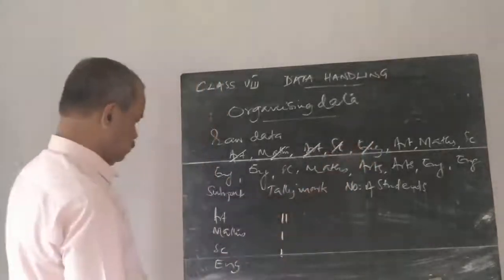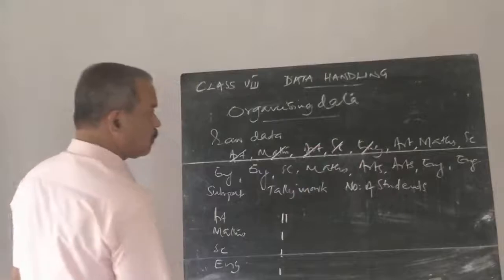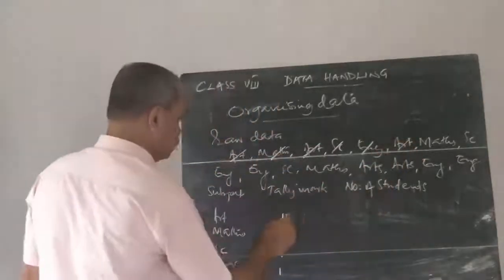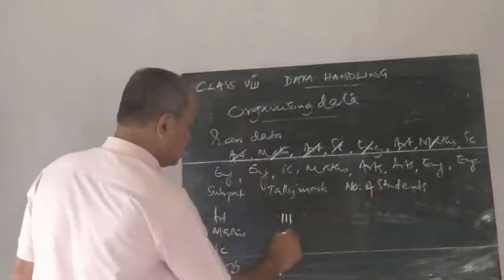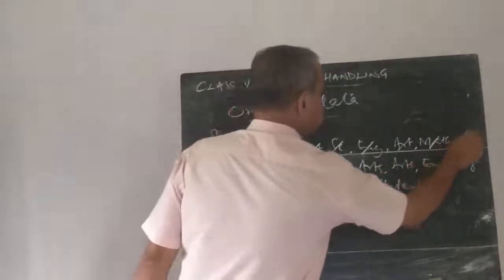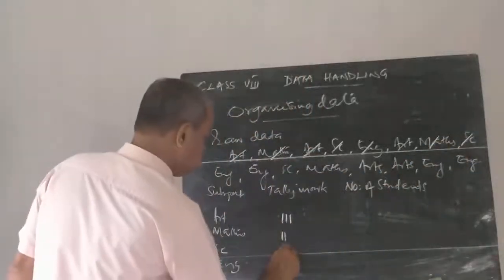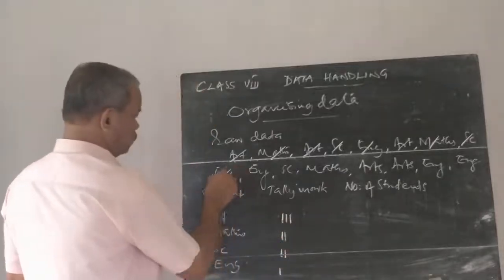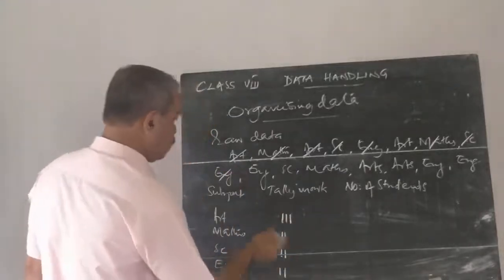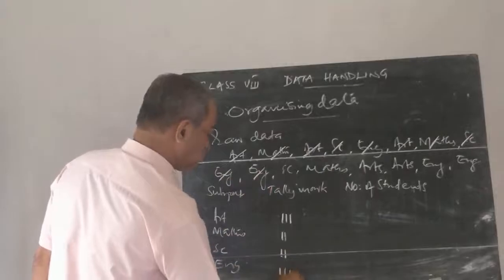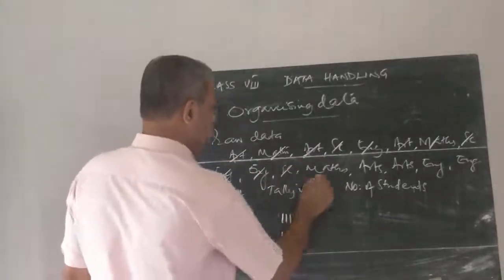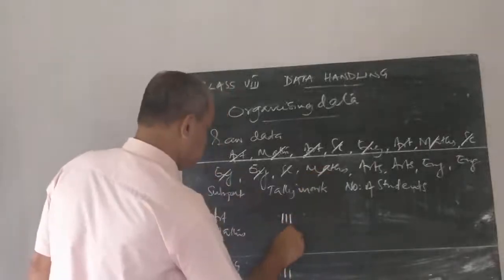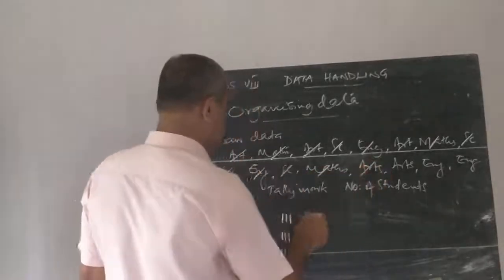English, tally. Art again, third. Maths, second. Science. Then English. Then science, maths, art.